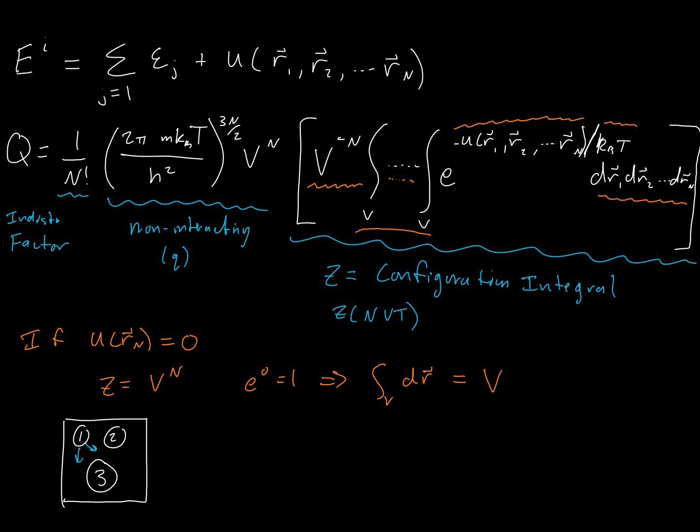Then we also have to repeat and move particle 2 to every single possible configuration while holding positions 1 and 3 constant, and move particle 3 to every other possible configuration. So ultimately, at the end of calculating the configuration integral, you will have a result where every particle is in every configuration with every other particle in every other configuration. That's what we have to do in stat mech to give ourselves a statistical average of the system.